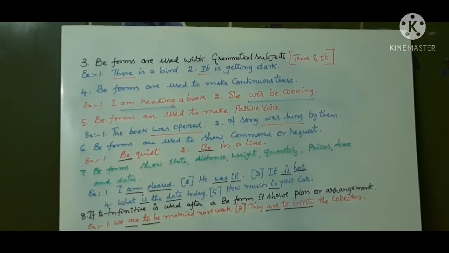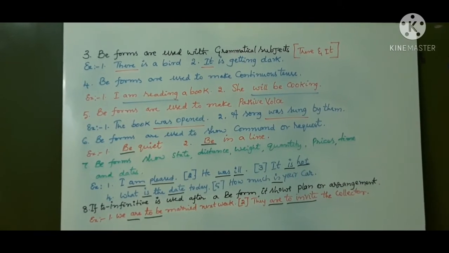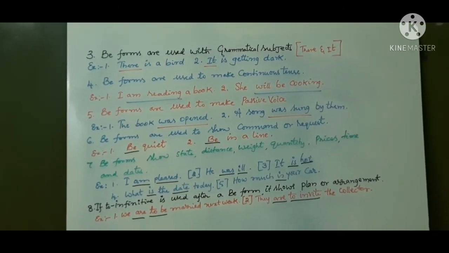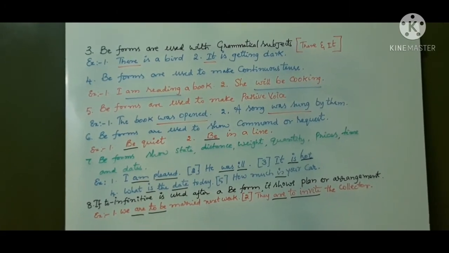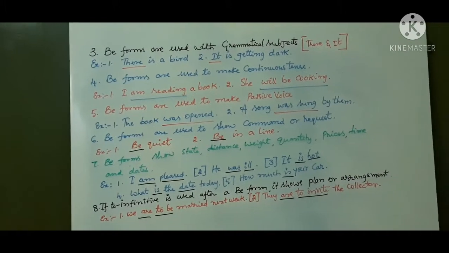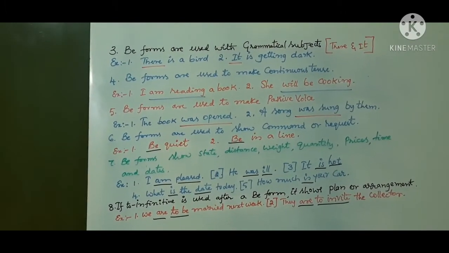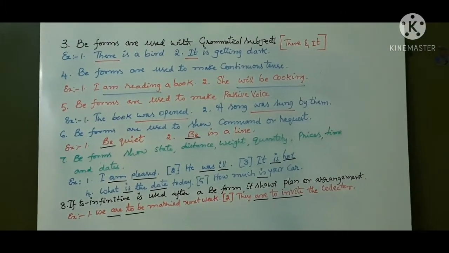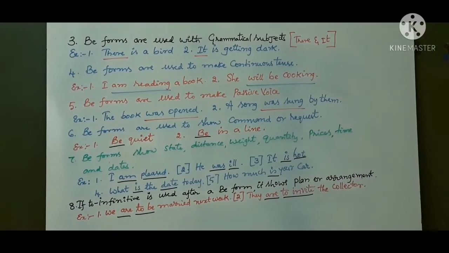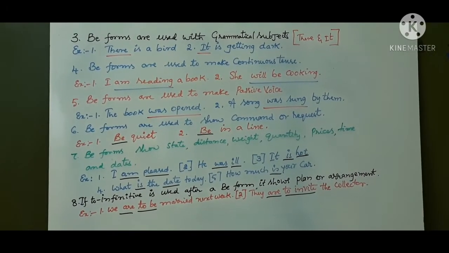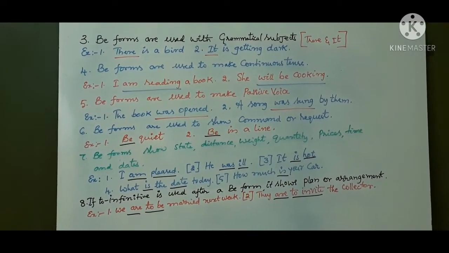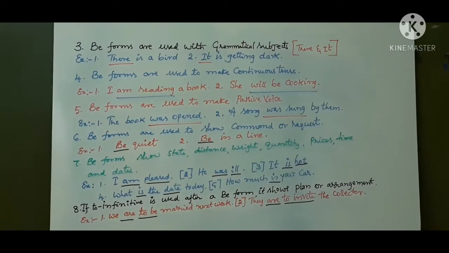For example: there is a bird, it is getting dark. There and it are not specific subjects. They do not have specific meaning, so they are considered grammatical subjects. When there and it are used as the subject of a sentence, they are said to be grammatical subjects, and they do not carry a specific meaning.